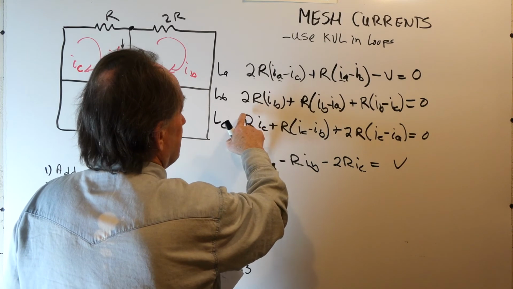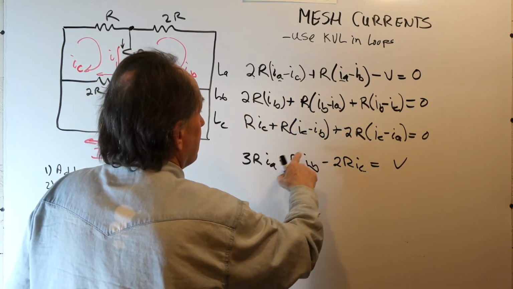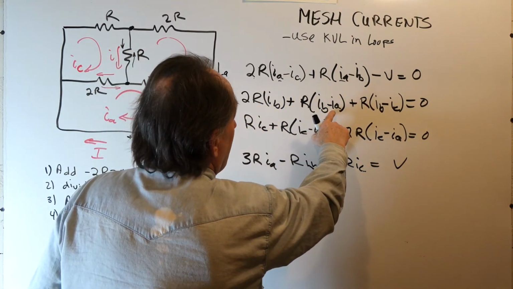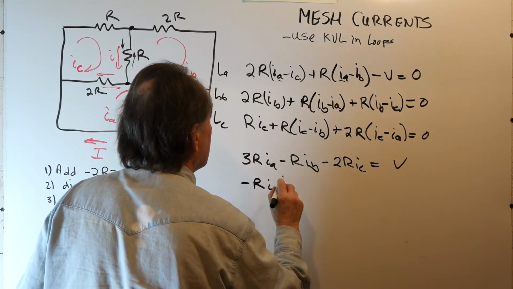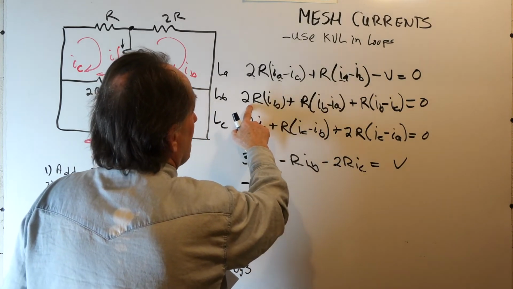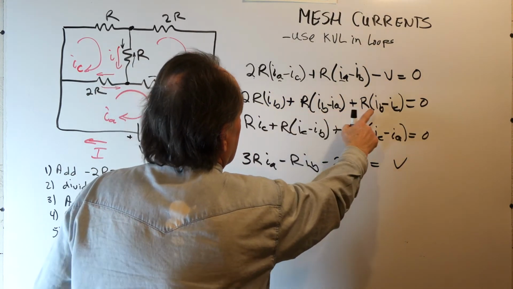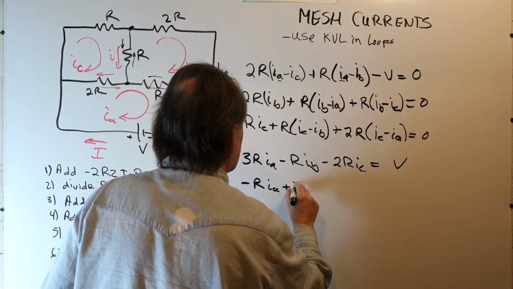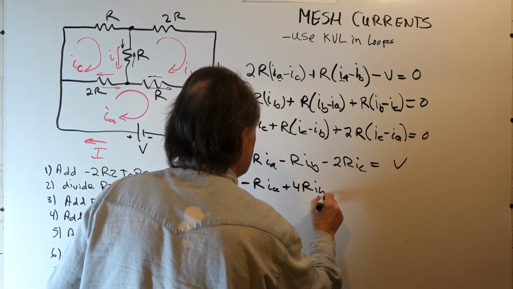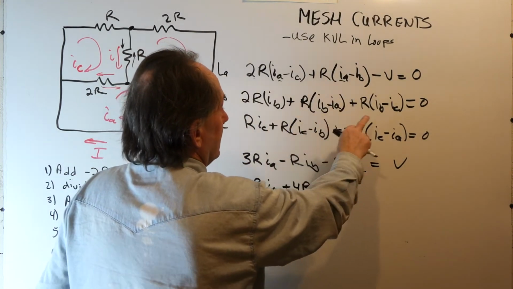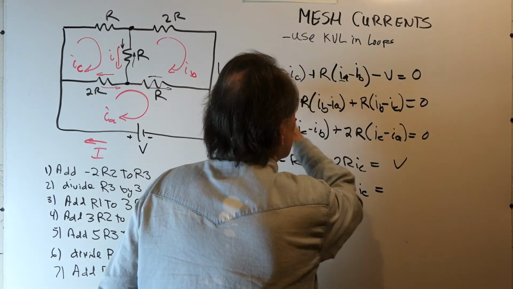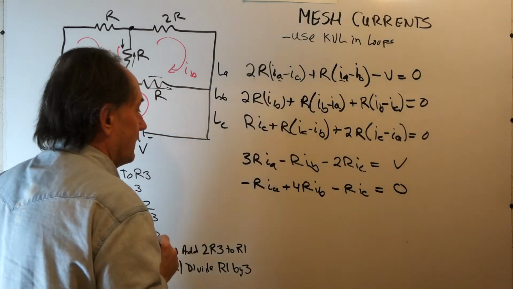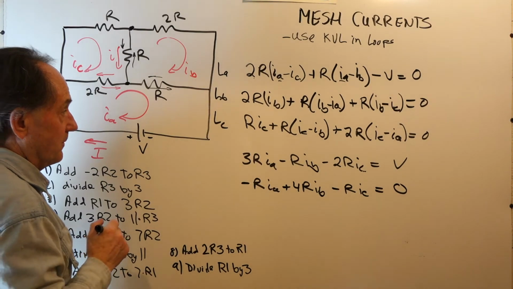So for the second equation, for IA, we have a minus R IA, just one of them. Now for IB, we have a 2R, an R, and an R, so that's 4R IB. And for IC, we just have a negative R IC, and there are no voltage sources in that loop.